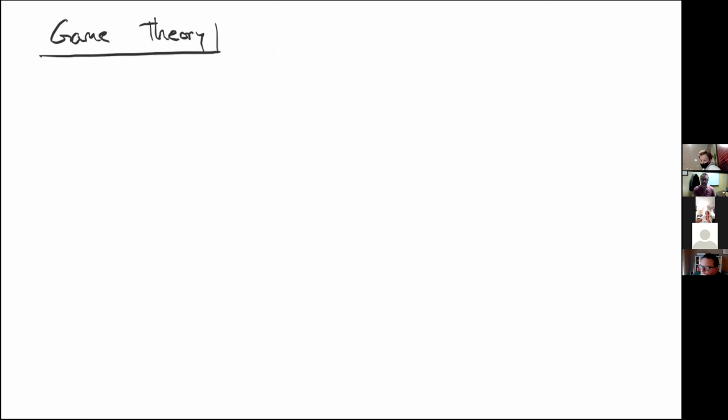But if you've ever seen the movie A Beautiful Mind with Russell Crowe, that movie was about a mathematician named John Nash who basically invented game theory. And he won a Nobel Prize in economics for it. It's a really cool story. I'm actually really impressed with how good it came out.